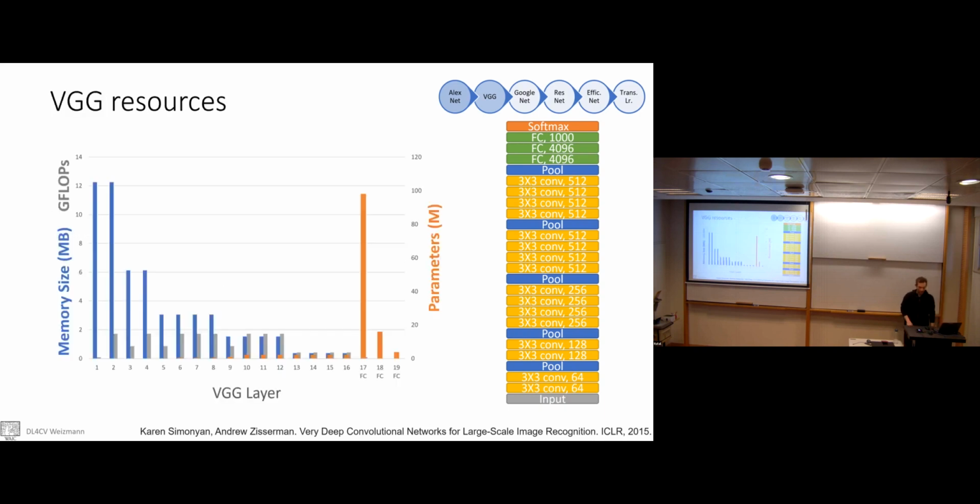So as I said, there are some problems. First of all, this is a plot that combines the memory usage, the number of floating point operations used, and the parameter count, all in the same plot. We can see that the initial layers, before we actually collapse the spatial resolution, are consuming a lot of memory, because we quickly increased the number of channels but didn't apply max pooling quickly enough.